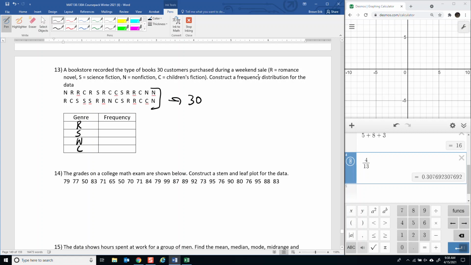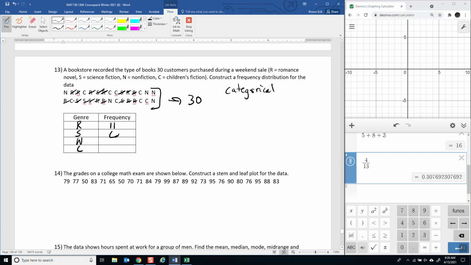And so to create this frequency distribution, our textbook called this a categorical frequency distribution because we're just using categories. We just need to count. So how many R's are there? 1, 2, 3, 4, 5, 6, 7, 8, 9, 10, 11. So 11 romance novels. And then S's, we got 1, 2, 3, 4, 5, 6.